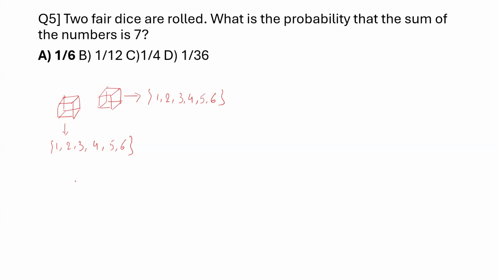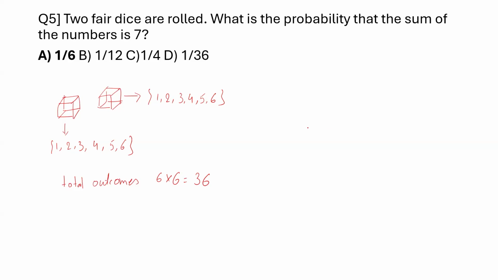If you roll two dice together, total outcomes are 6 into 6. That means 36, because the first die can land on one, and the other die can have these six possibilities. Again, the first die can land on two, and the other die again has these many possibilities. So total outcomes are 36. Now you are interested in the sum of the numbers being equal to 7.